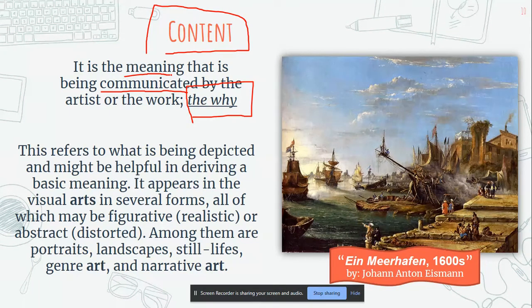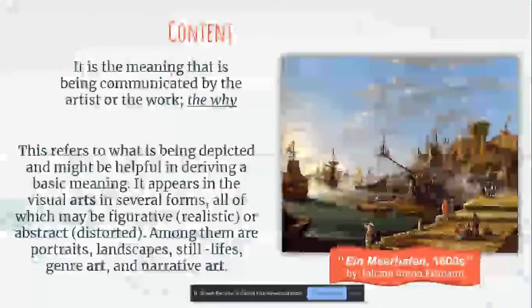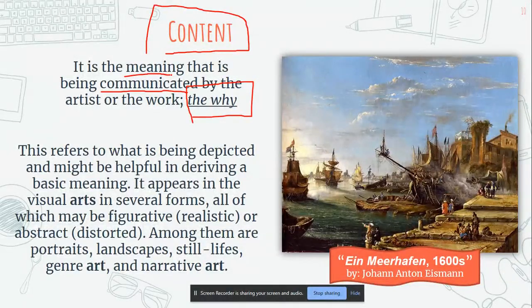Just remember that earlier, we have the subject, the visual focus. Subject is only what you visually see on a piece of artwork, and content is the meaning being communicated. And it asks the question, why?